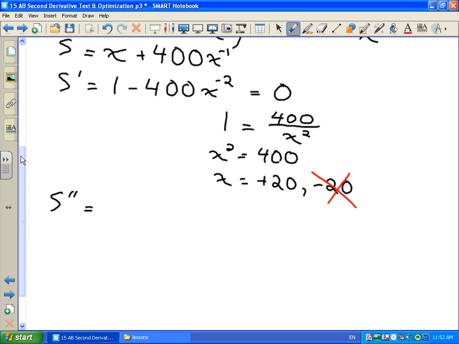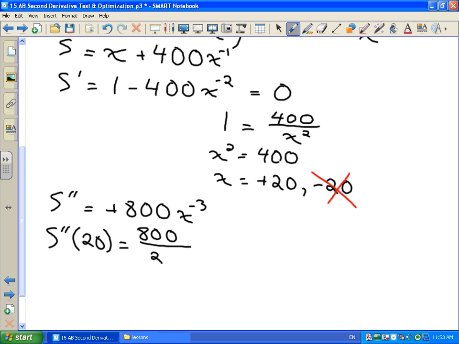So our second derivative is going to be positive 800, bringing down the negative 2, x to the negative 3. And we want to evaluate that at our critical number of 20. So that's going to give us 800 divided by 20 cubed. Just bringing that x to the negative 3 down into the denominator and making the exponent positive.